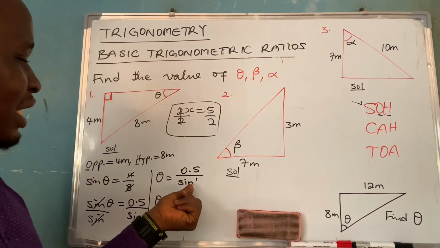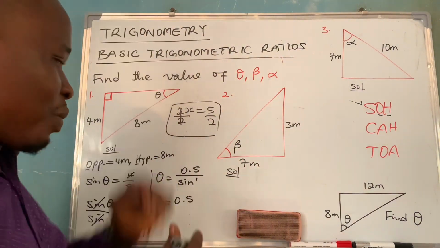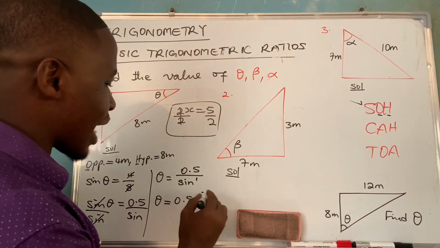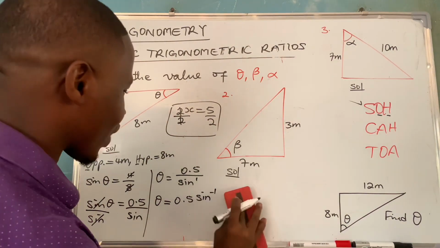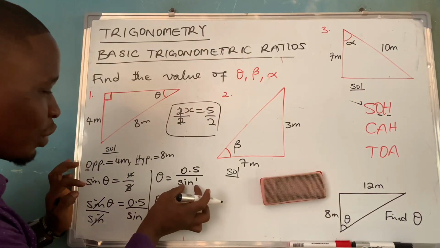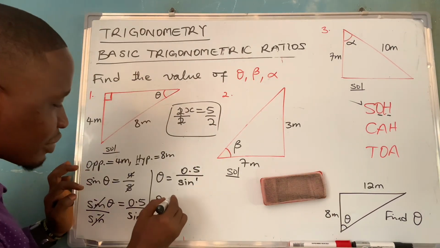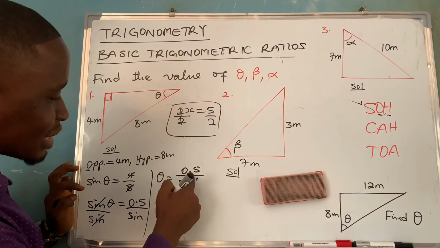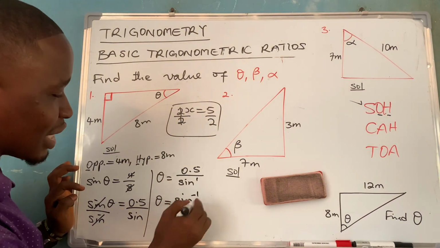If we bring this sine to the power 1 to the top, we have sine raised to negative 1, because when the sign of the power changes, we have negative 1.